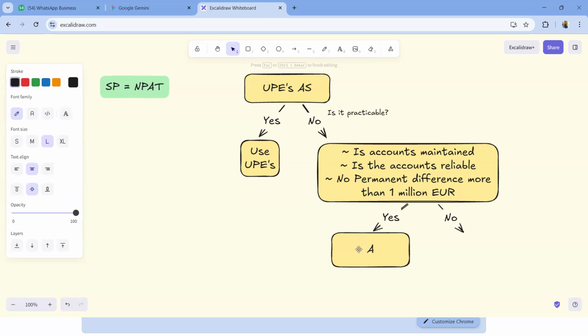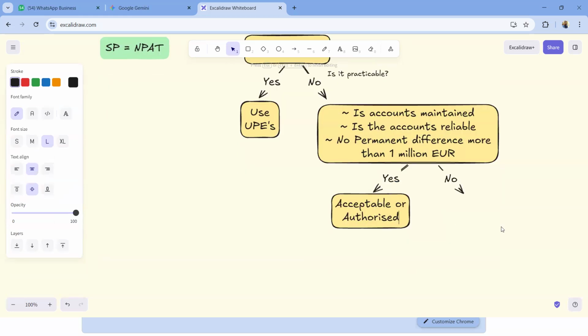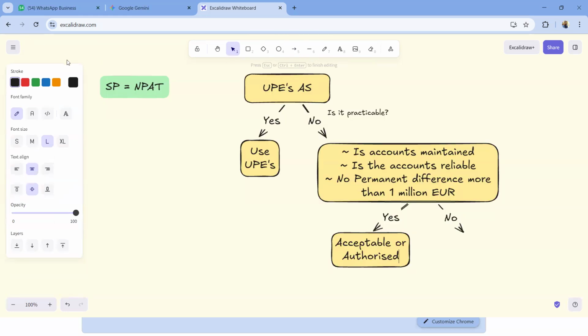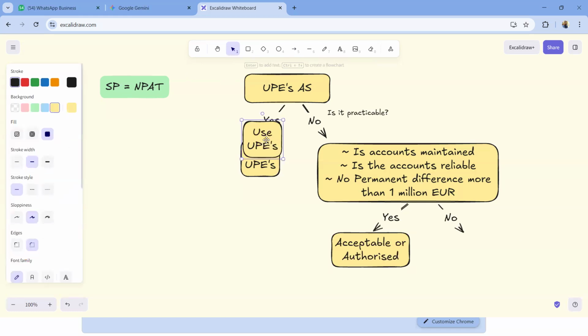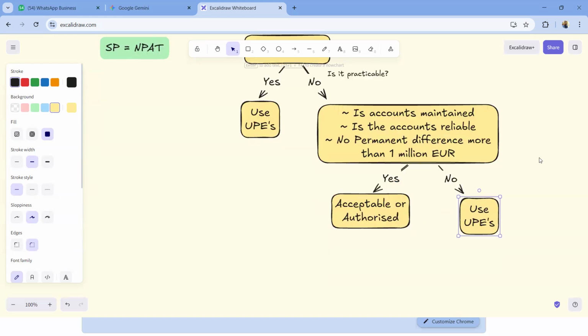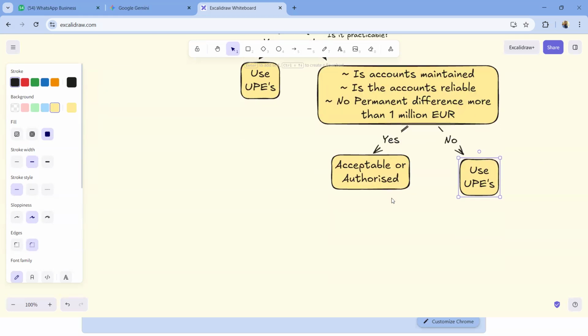You have to then see whether your accounting standard is acceptable or authorized. If it is no, then you have to do it in UP's accounts only. If these three are making sense, then you have to use acceptable or authorized.